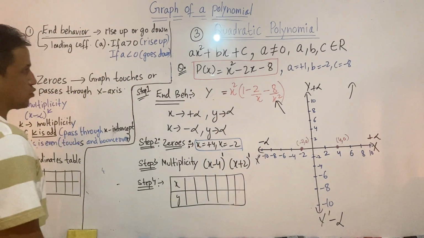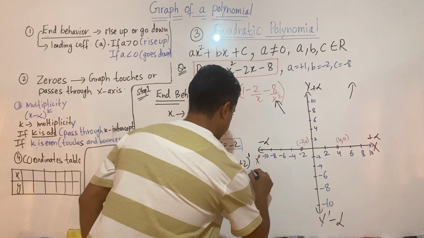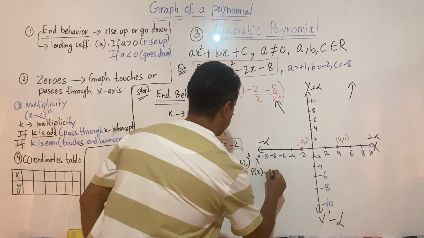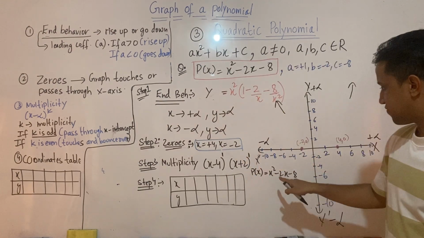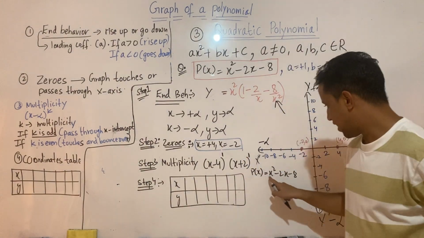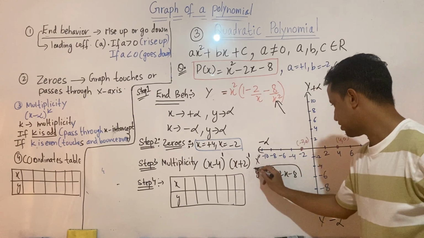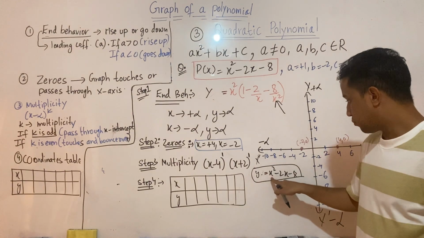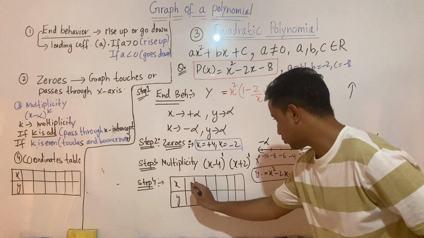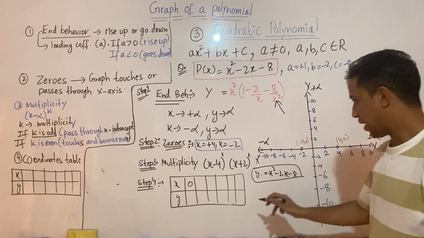Now see here, p(x) equal to x squared minus 2x minus 8. Okay, this is y, the main expression or equation, the polynomial function. So if I put x equal to 0 here, y is going to be 0, 0, minus 8.